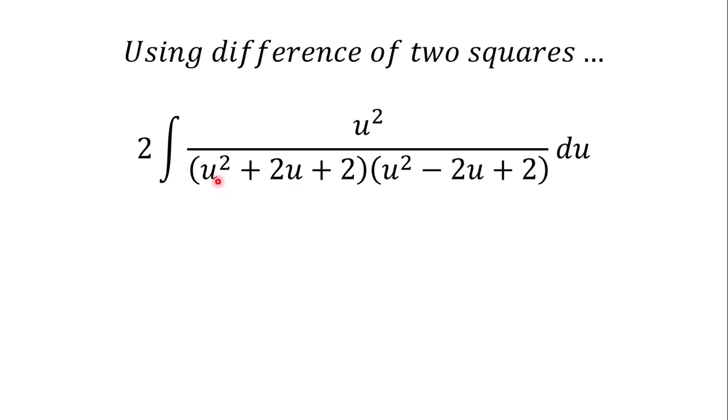So u squared minus u squared will give us 0. 2u minus 2u will be plus, and that will give us 4u. 2 minus 2 will be 0. This one, after subtracting, we had 4u. It is what? Positive. Good.